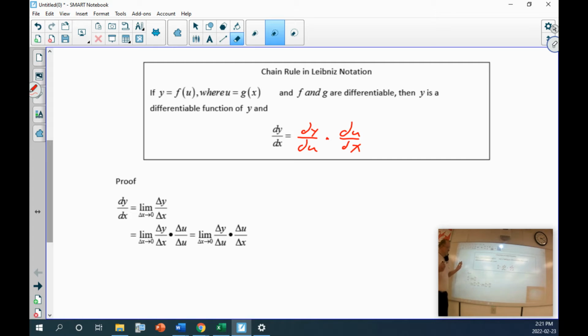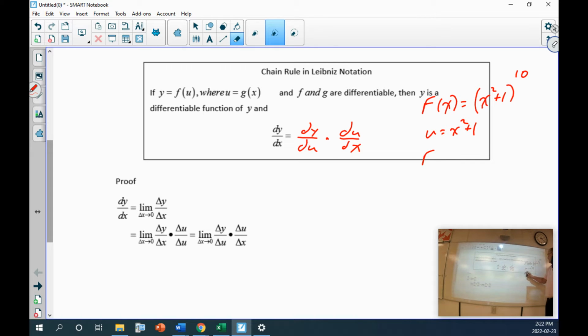So basically, let's do a quick example of this. Let's say we have a function y is equal to x squared plus 1 to the power of 10. Okay. So in this case, u is equal to x squared plus 1.